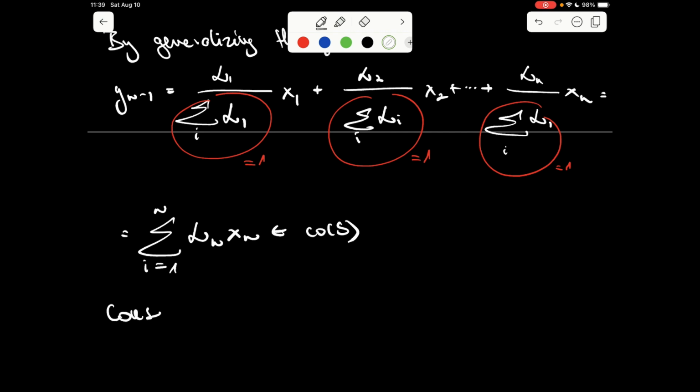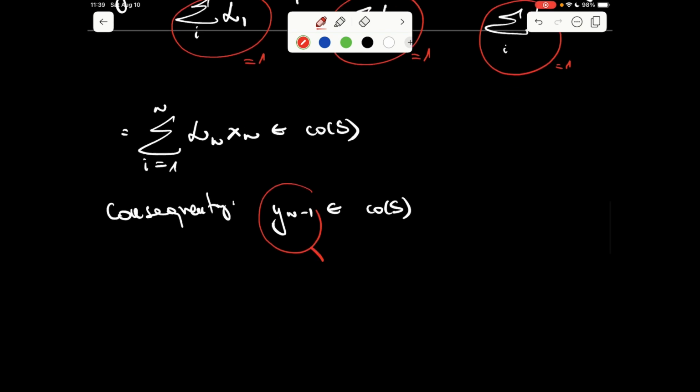Consequently, all these vectors are in COS, and at the same time, they are in K. As K consists of vectors which are convex combinations of vectors in S, it follows that K is a subset of COS.